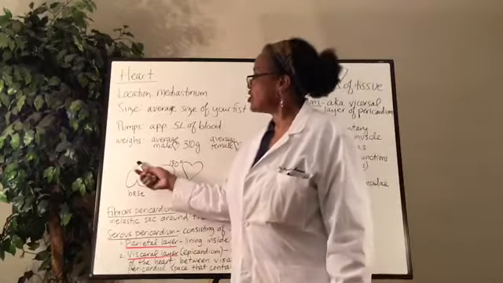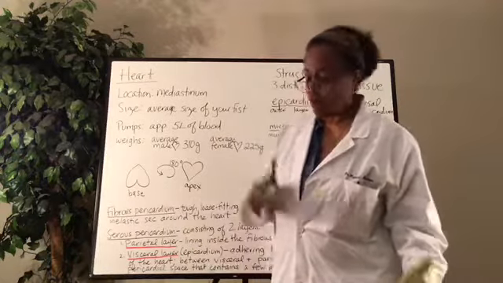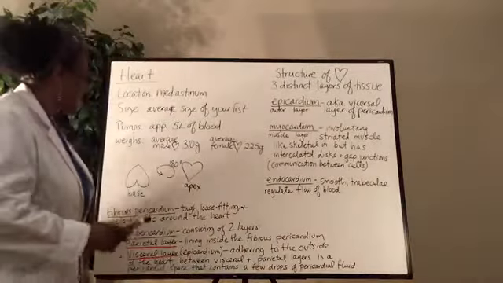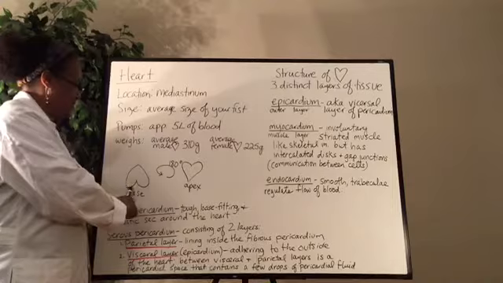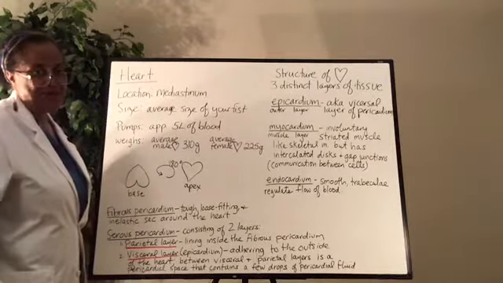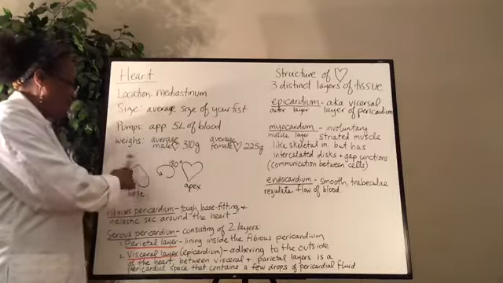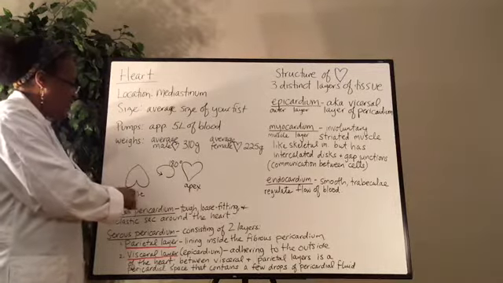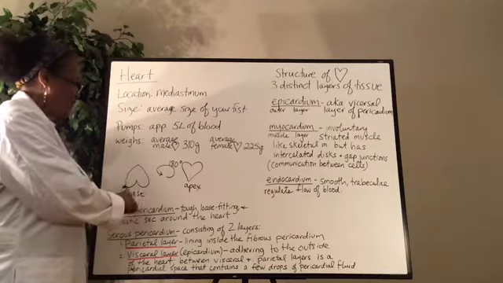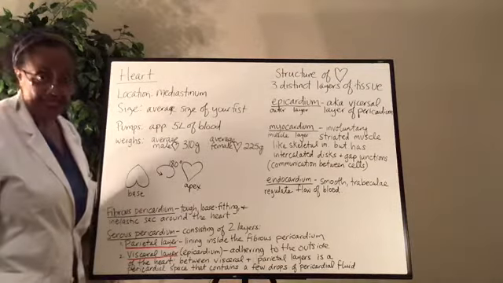Now, I want you to know in embryology, when they were first looking at the heart, it looked like this, okay? Not exactly like that, but that's the way the heart was. So the embryologists named the bottom of the heart, of course, the base.